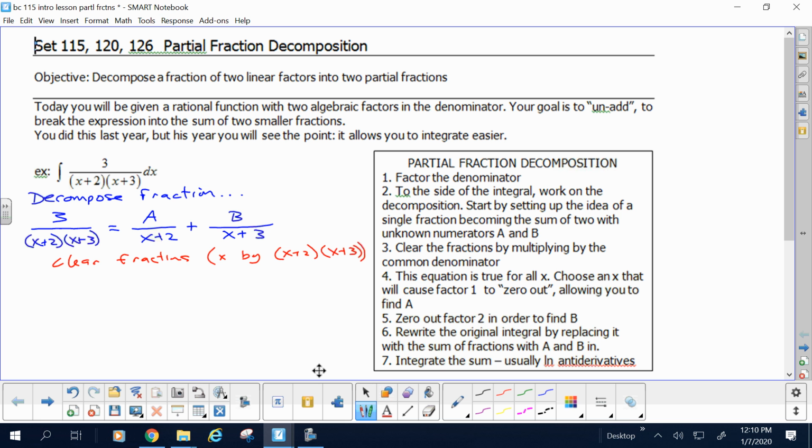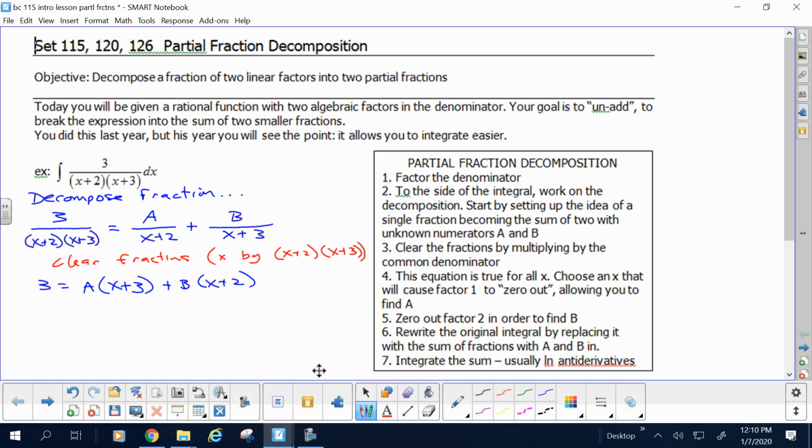What's the result? 3 equals A times x plus 3 plus B times x plus 2. I agree. When you multiply that first term by x plus 2, x plus 3, the x plus 2 would go away, and you'd be left with an x plus 3, right? And then B times x plus 2.